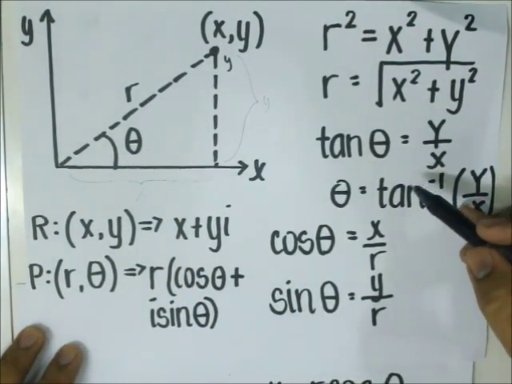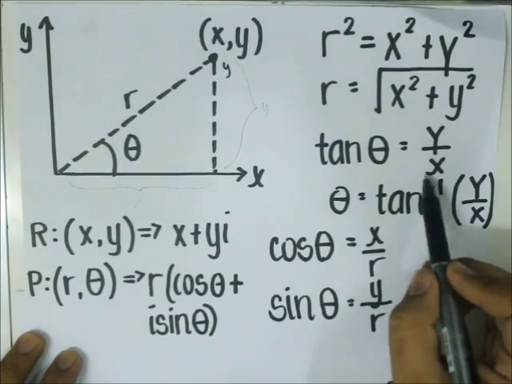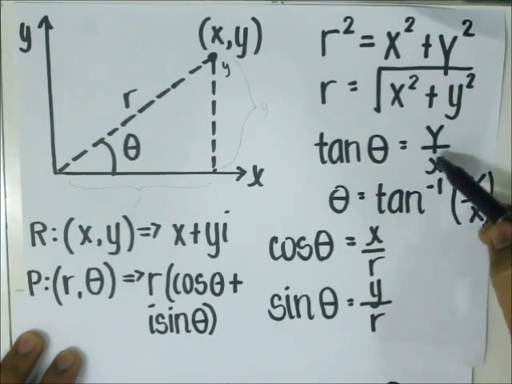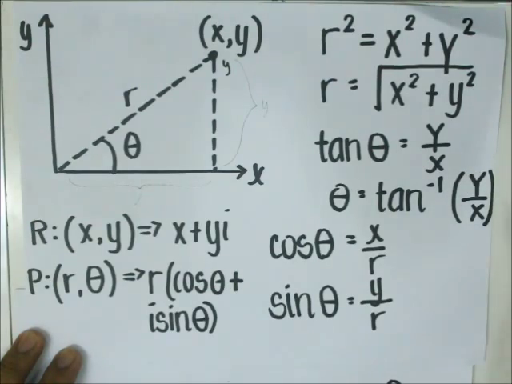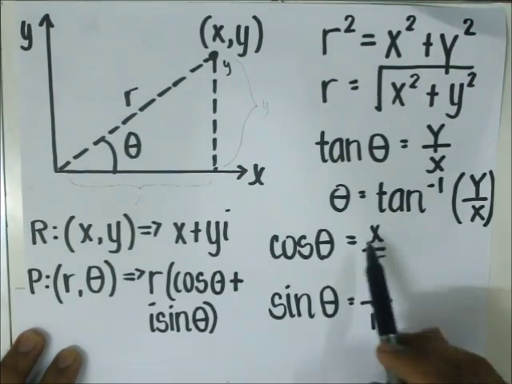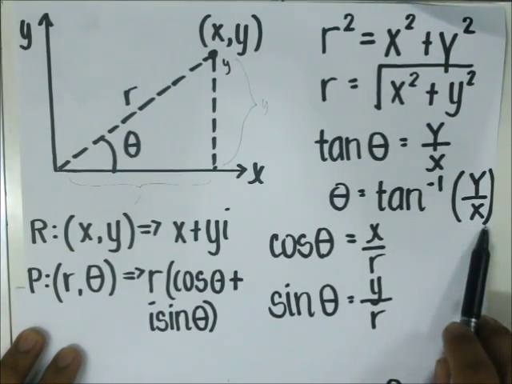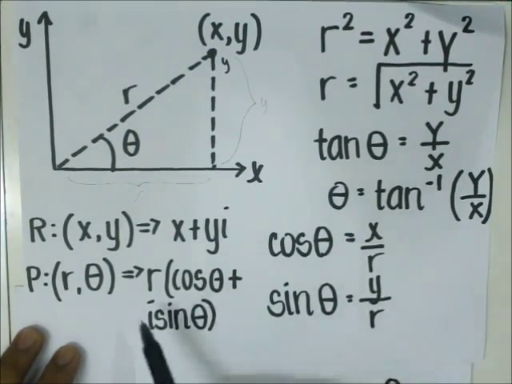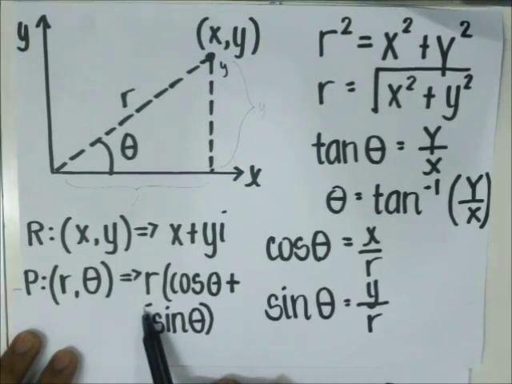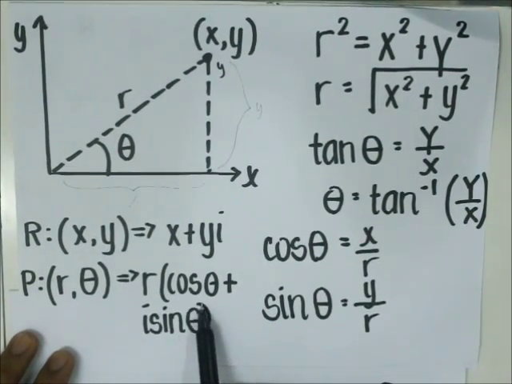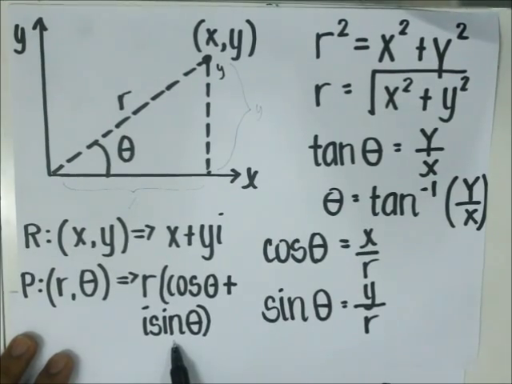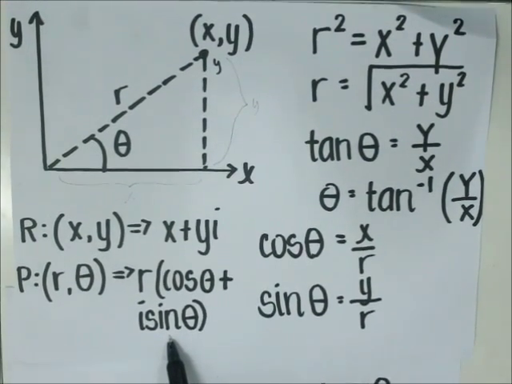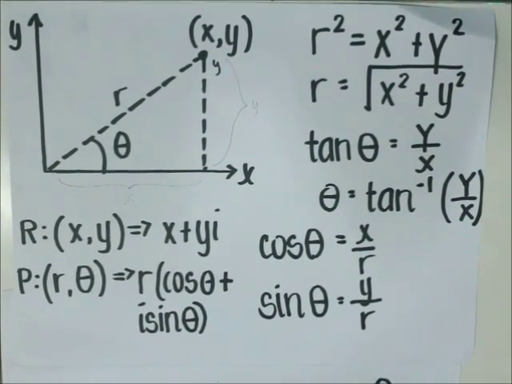Recalling that tangent of theta is equal to the opposite y over the adjacent x, solving for theta, we get inverse tangent of y over x. Substituting r and theta, we now have the polar form: z is equal to r times (cosine theta plus i sine theta), or simply r cis theta.